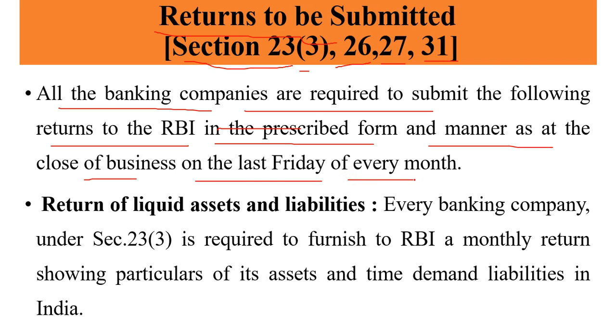All the banking companies, whether it is a private bank, commercial bank or cooperative bank, are required to submit some documents in a prescribed form on every last Friday of every month to Reserve Bank of India.